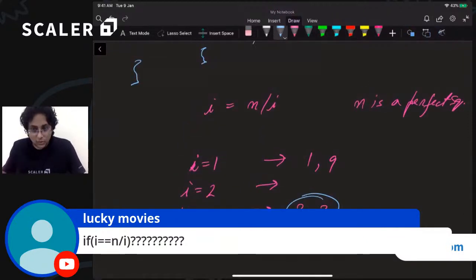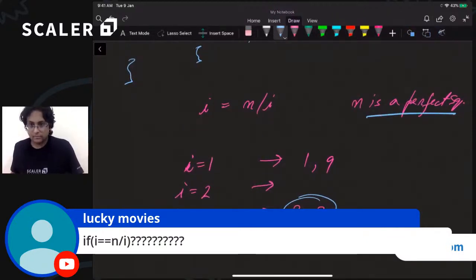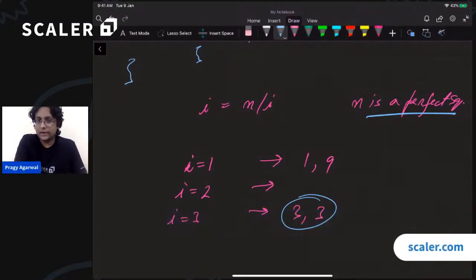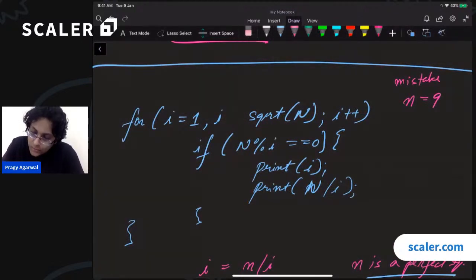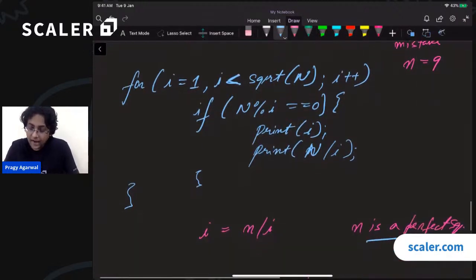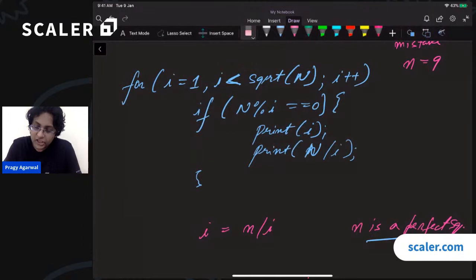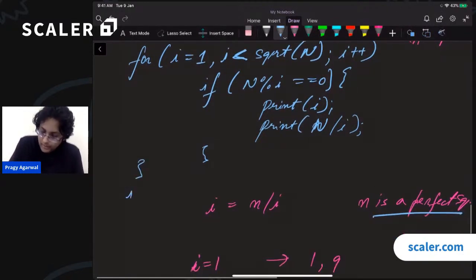So we need to resolve this. And we see that this only occurs when n is a perfect square. Otherwise, this issue cannot occur. So how do we resolve this? We simply say that i goes till less than square root of n. And after this loop is over, we will check.